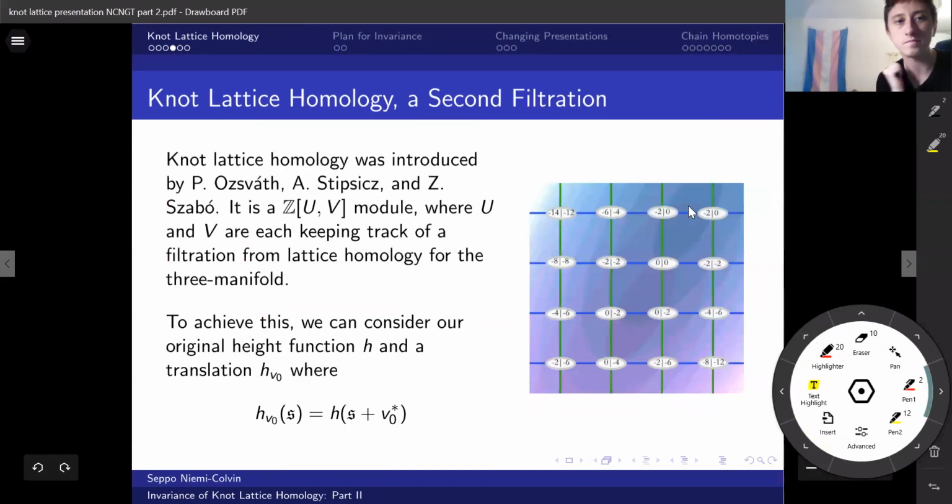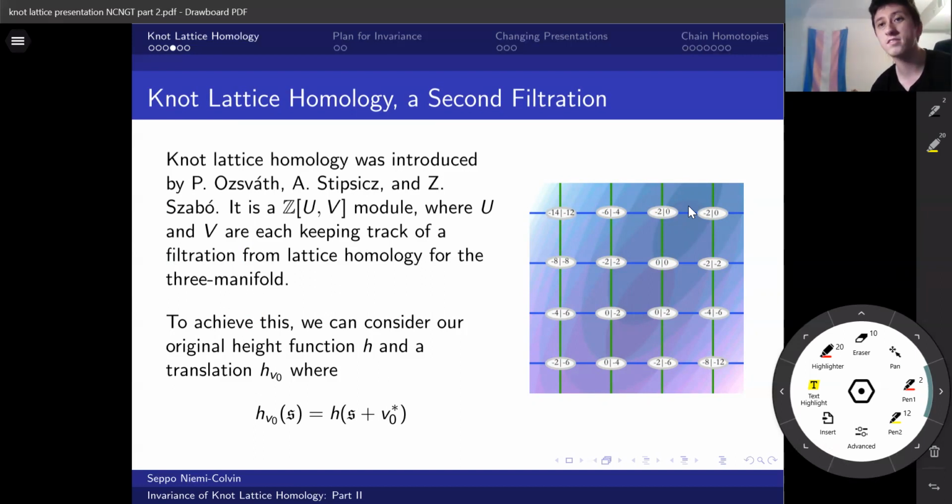Knot lattice homology was developed by Péter Ozsváth, András Stipsicz, and Zoltán Szabó. Like knot Floer, it is a Z adjoining U V module and is bigraded. And U and V are each keeping track of one filtration from lattice homology for the three-manifold. You then have two filtrations going on.